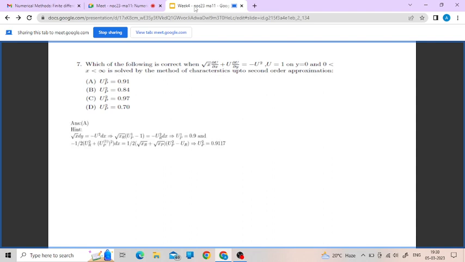So you will get the answer as A. Just check it. Are you getting 0.91?